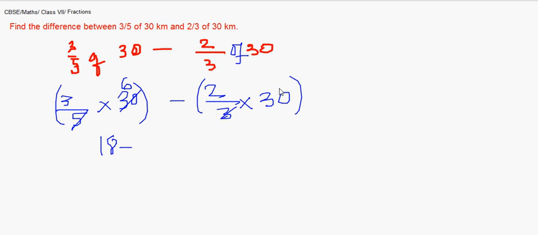If I do so here, it is 20, and I should have taken this one first, so it is 18 minus 20, I'm getting, it will actually be 2 kilometers. This is simply finding out the difference between the two fractions given. In the next session or the next video, we will take up division of fractions. Thank you.